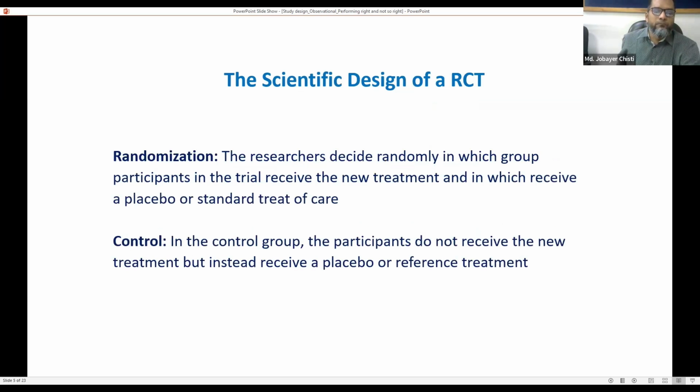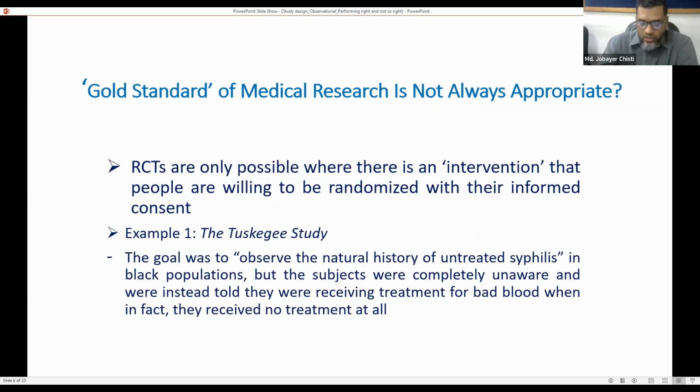Now I want to say that although RCT is the gold standard of medical research, it is not always appropriate. Rather, doing an observational study should be better in some conditions. I will discuss a few examples of that, and this is really important.